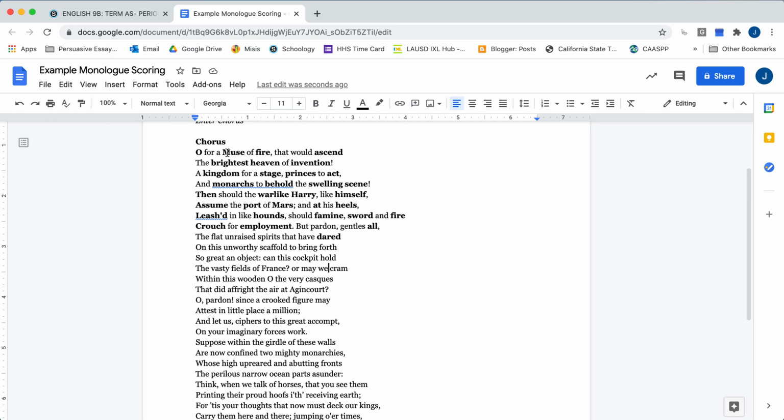O muse, fire, ascend brightest heaven invention. Kingdom, stage, princes, act, monarchs, behold, swelling scene. Then warlike Harry himself assume port of Mars, and at heels leashed hounds, famine, sword, fire, crouch, employment.